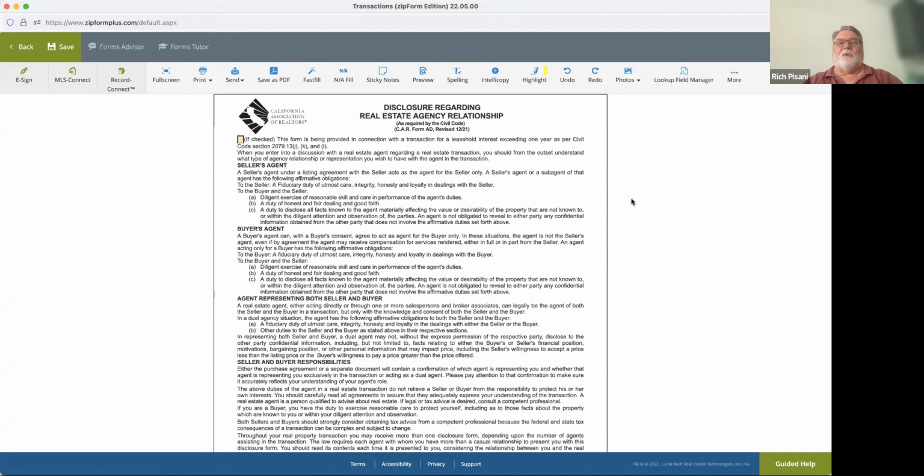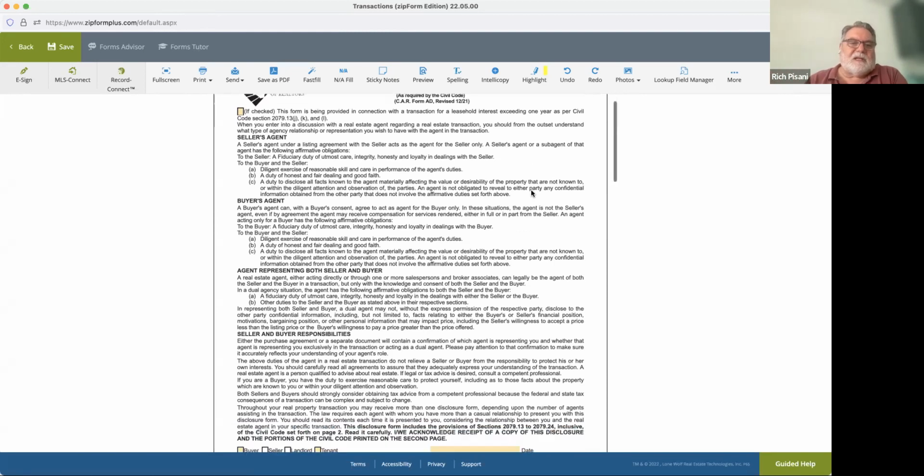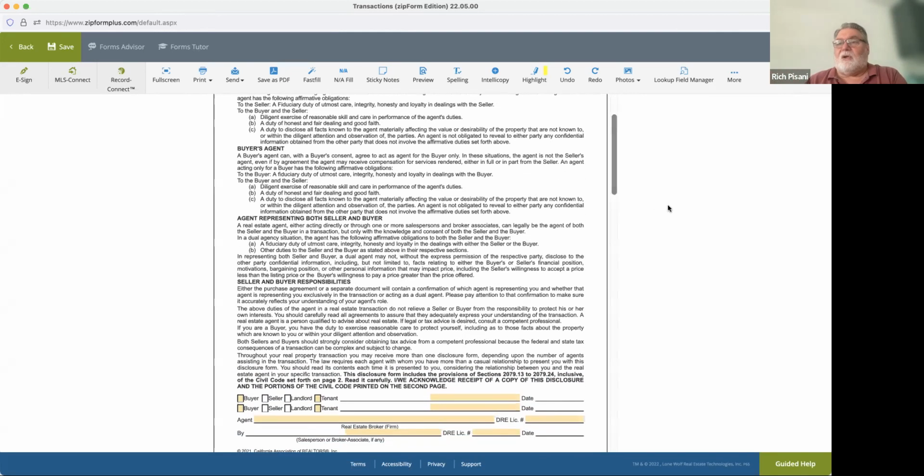This is the AD, the disclosure regarding real estate agency relationship, and this is required by statute. All this document does is say what a seller's agent is, what the duties of a seller's agent are, what the duties of the buyer's agent are, and that there could be both a buyer and a seller's agent.